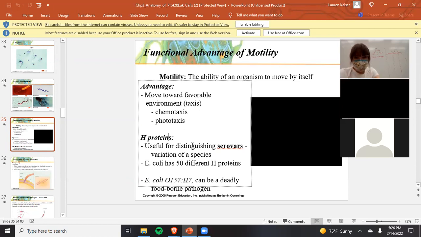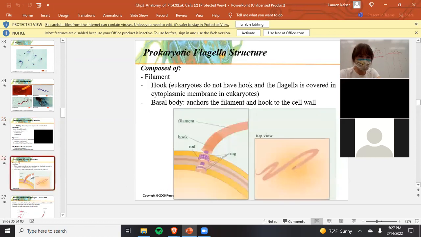But remember this one, it's kind of just sitting here. I don't know why it's specifically on this slide, but remember motility and our two movements towards favorable conditions. I would also draw this. You'll need to know prokaryotic and probably just review eukaryotic, know the differences mainly.